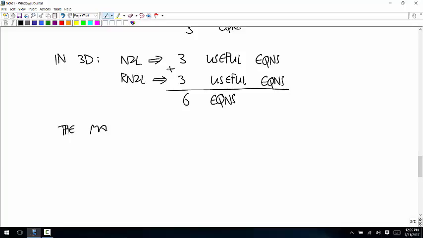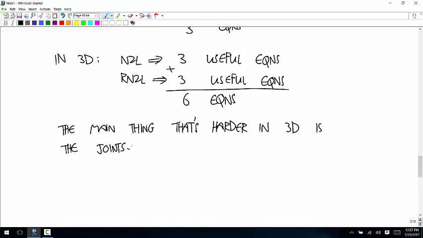The main thing that's harder in 3 dimensions is representing the joints. Figuring out what kind of loads are applied by them.